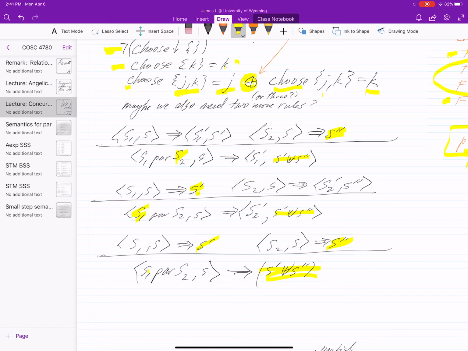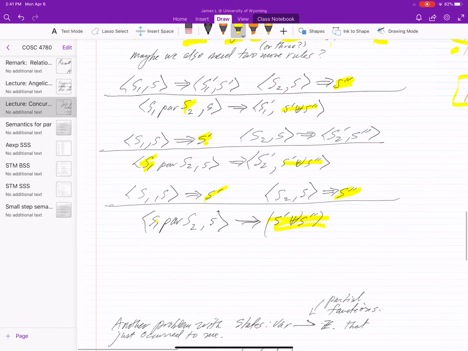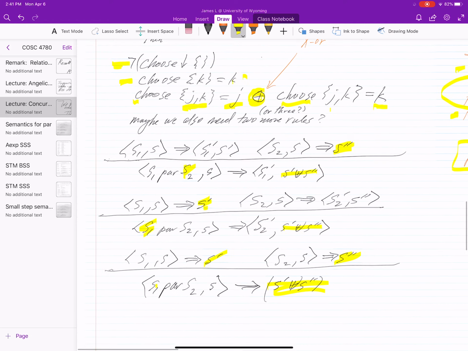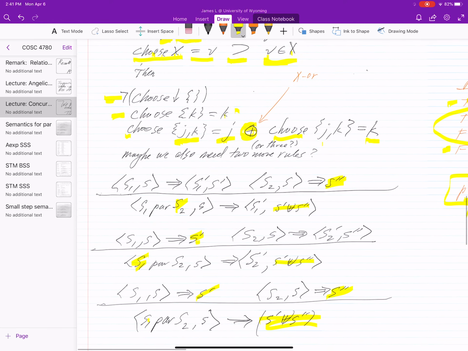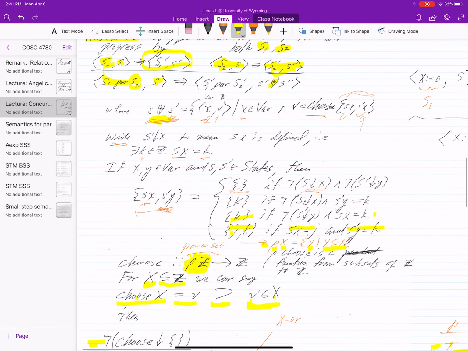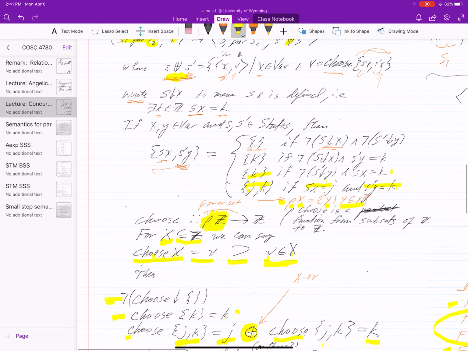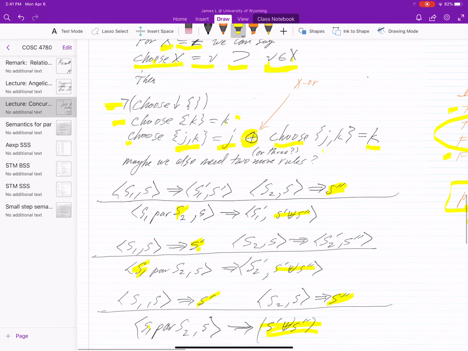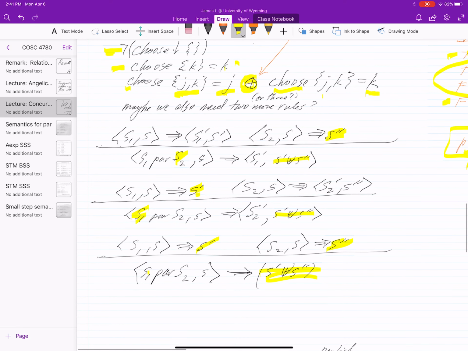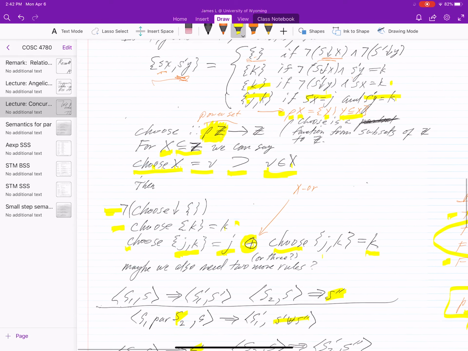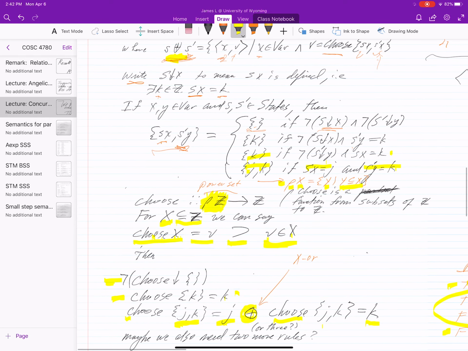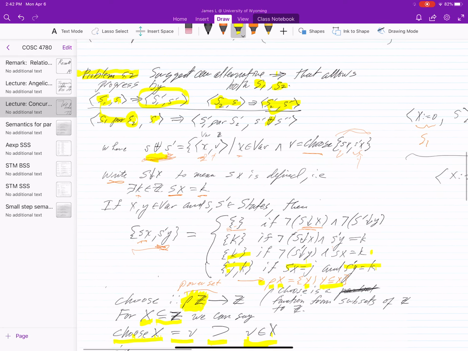This is one kind of parallel rule; this set of rules would allow you to progress down any branch. But there's a problem here. I mean, this works. This is a perfectly sensible semantics.